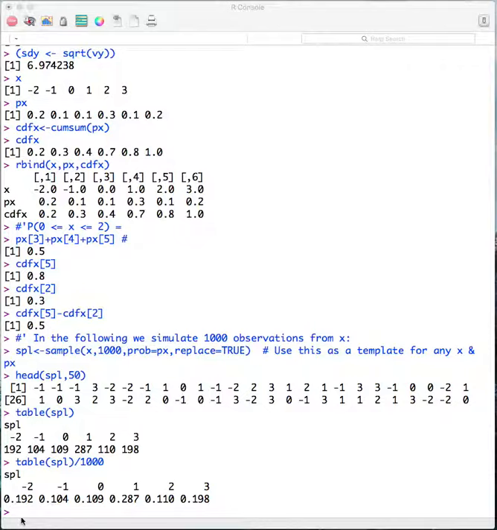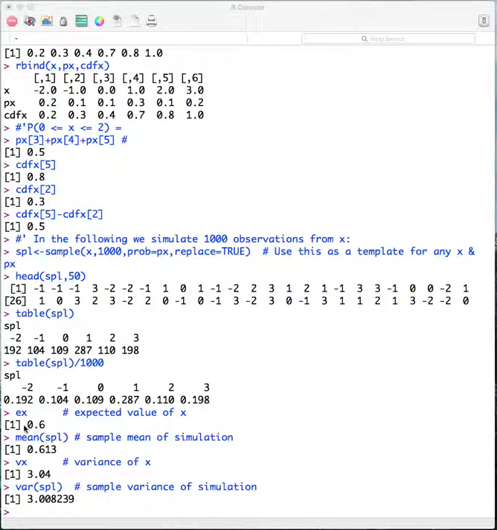Now, if you want to know what expected value means, let's look at this simulation and actually calculate the sample mean of SPL. And I'm going to calculate the sample variance, which come from the descriptive statistics operations with R. Now let's look. The expected value that we calculated is 0.6. The mean of 1,000 simulations from that distribution is 0.613.